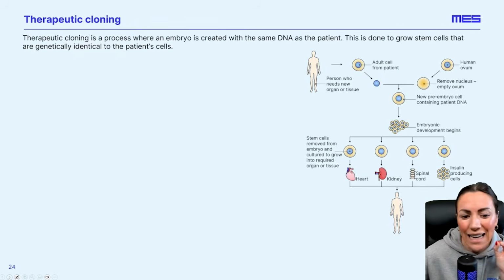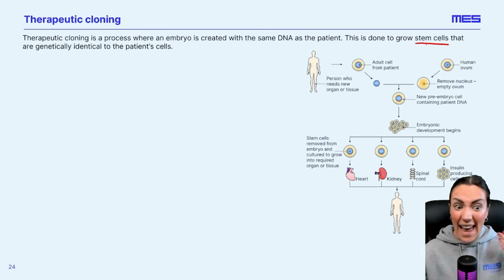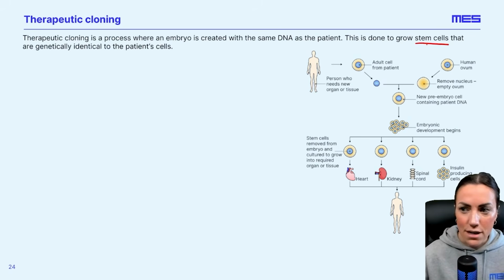Now, what we can look at is a process called therapeutic cloning. Now, this is a process where an embryo is created which will have the same DNA as the patient that needs treatment. And this is done so you can get the embryo and take the embryonic stem cells, which obviously can differentiate into any cell type, so that would be really useful.